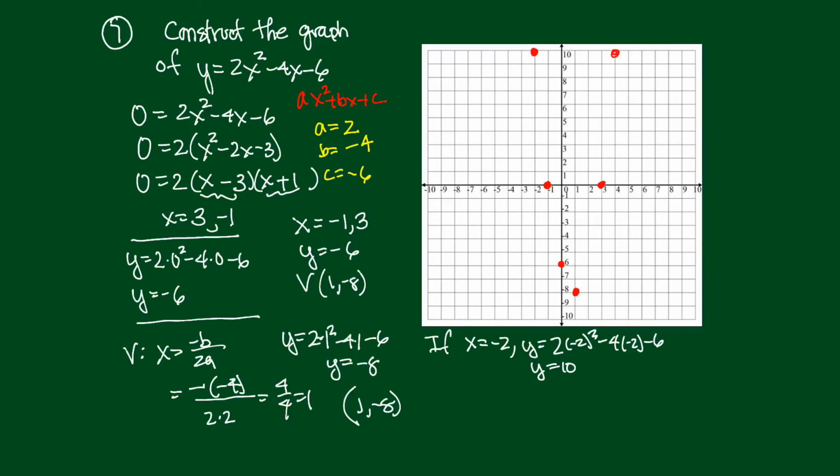Now I could get this point by putting what? I could get that by putting 4 into our equation here, and I'd end up with 10 again. So now, as best you can, pass a smooth curve through these points. All right, not too bad. Here we have it.